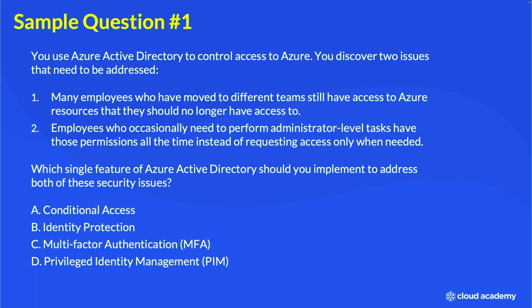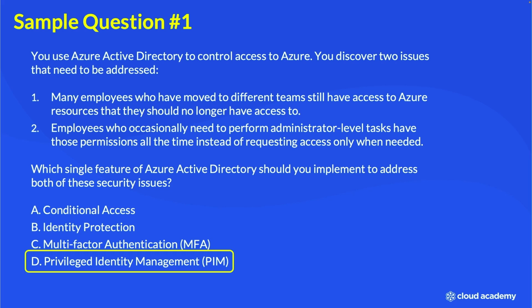It also lets you have something called just-in-time access, which is where someone can request administrator level access. And if it's granted, then they have that access only for a relatively short period of time, and then it goes away, which would address the second thing that we're trying to do here. So privileged identity management is the one that we need.